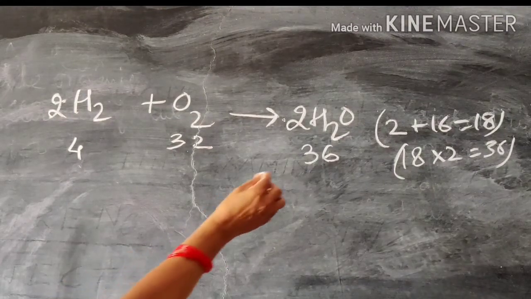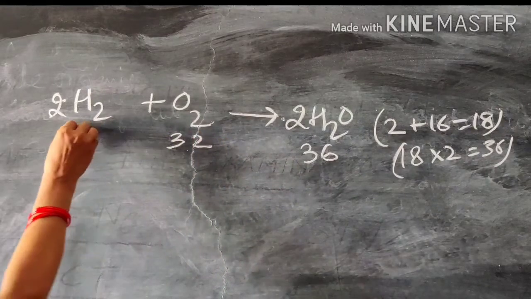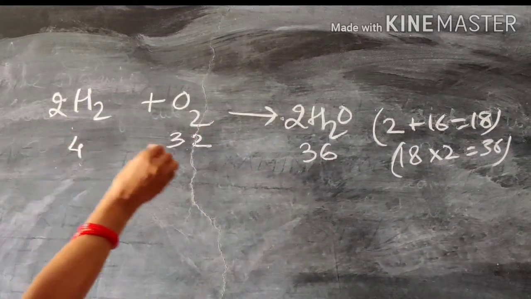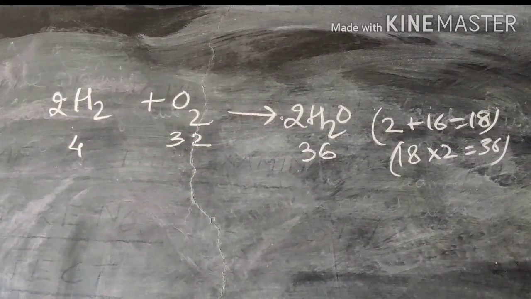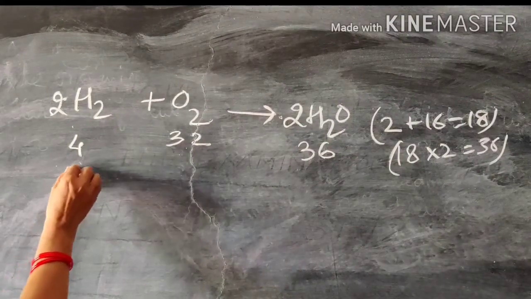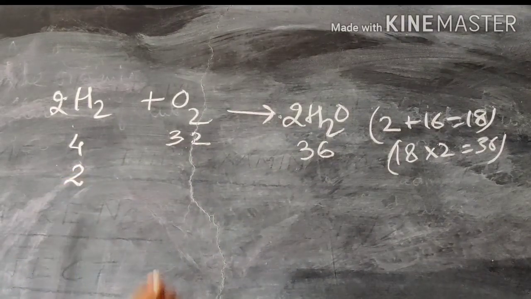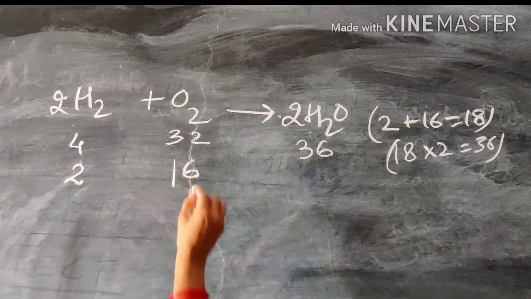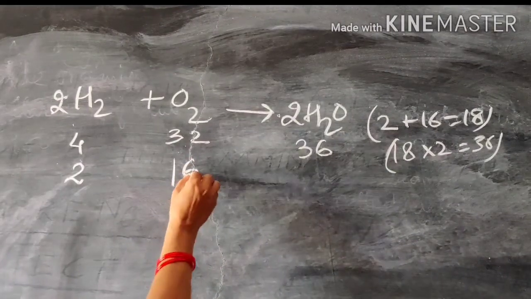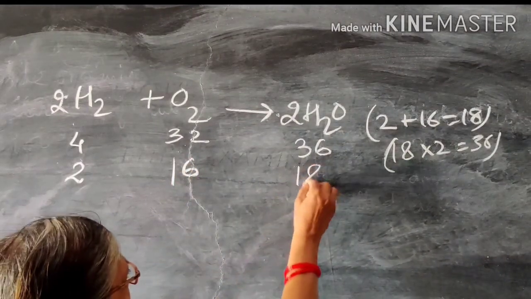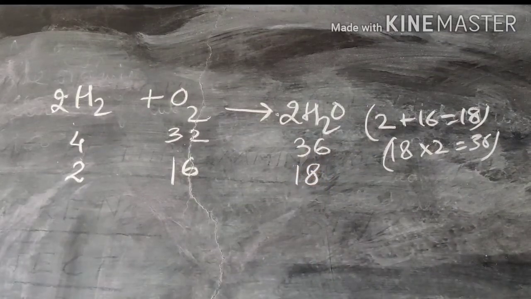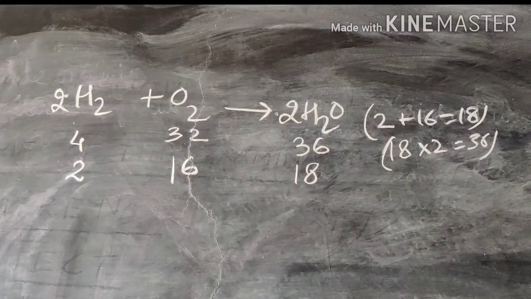Now the amount of water formed depends upon either the amount of hydrogen or the amount of oxygen taken. Now again, when we decrease the amount of hydrogen to 2 gram, then we need 16 gram of oxygen, and you will get 18 gram of water. Now again we can take the limit.